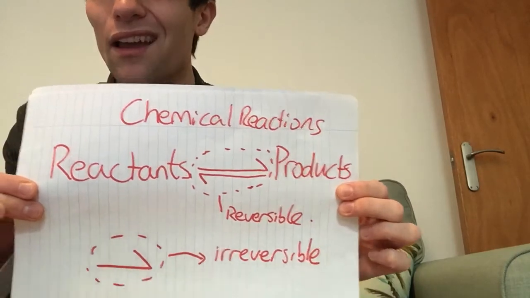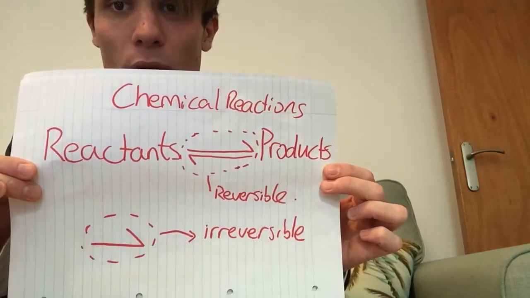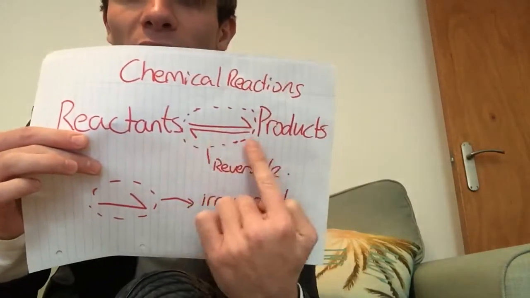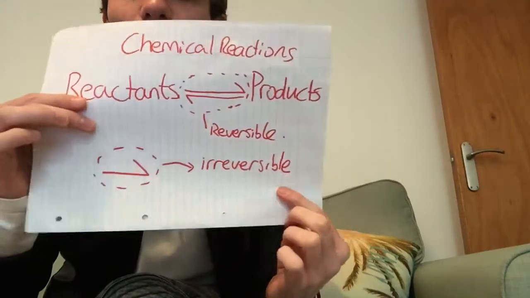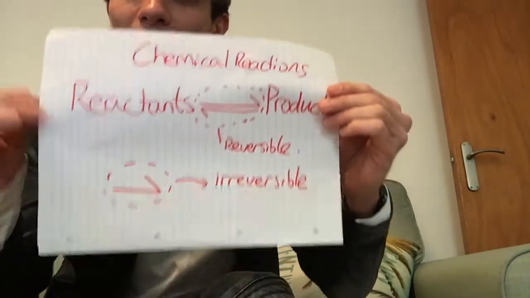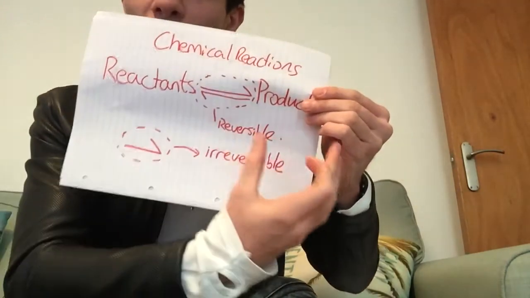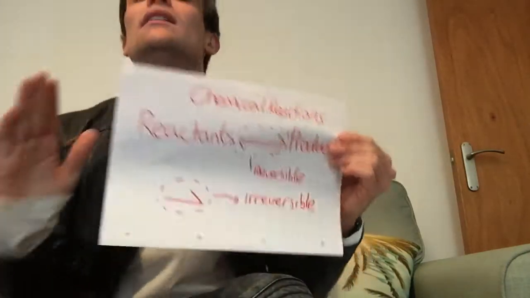Okay, so the arrows show whether we can reverse what we've just done, or if we can't. This is a reversible reaction, what I've drawn here. You can see because the arrows go both ways. This one's irreversible, this arrow only goes one way. That's how we'll draw it. So in a chemical reaction, we'll draw the reactants, go into the products, and an arrow will tell us whether it's reversible or irreversible.